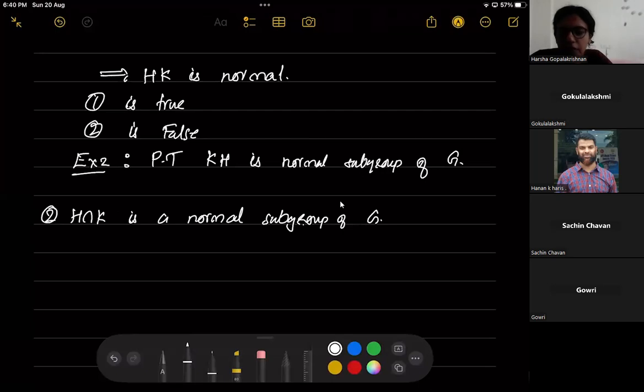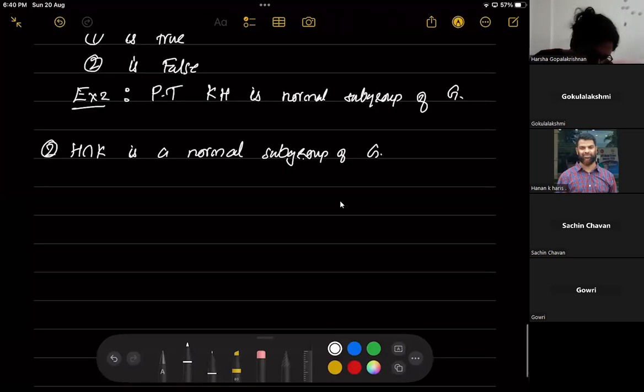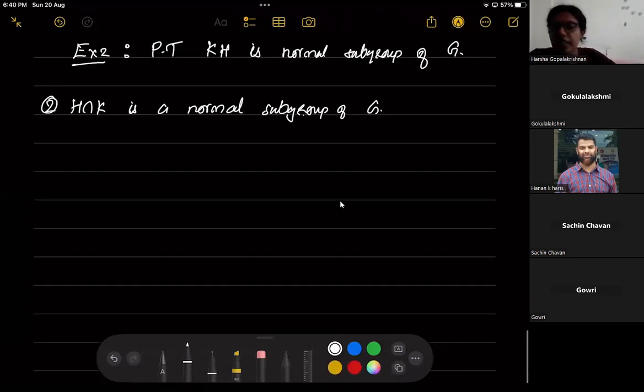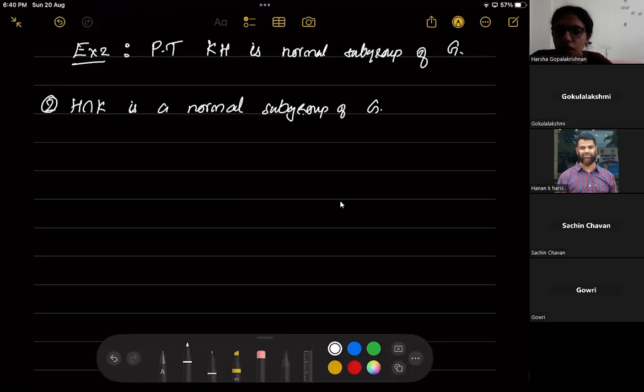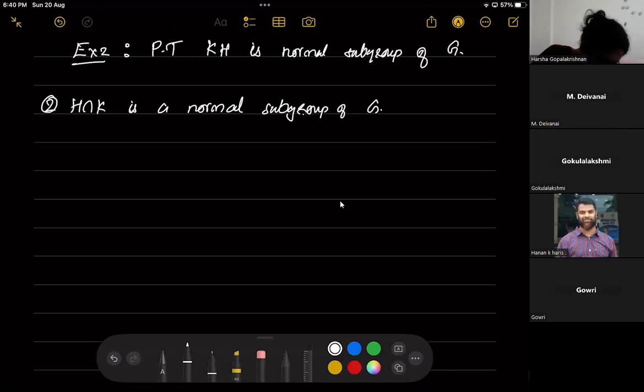Again, let me explain very quickly. Again, we will use the test for normality. Okay. So, I am taking an element Y in H intersection K.